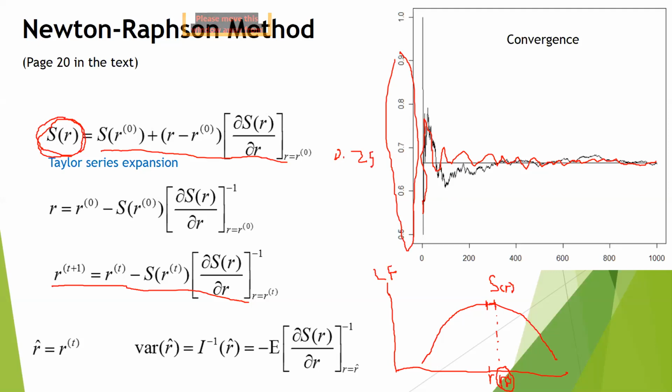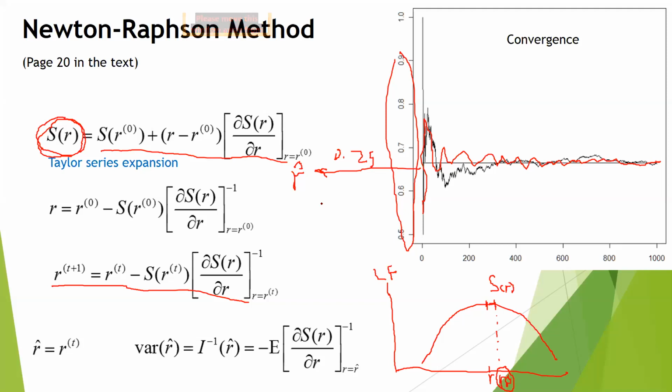If you give an initial value to R0 and let the iterative algorithm go for a long time, it can converge to some point, and this is the best estimation. When this algorithm converges, this will give you the best estimation for R. Is that clear? Any questions?